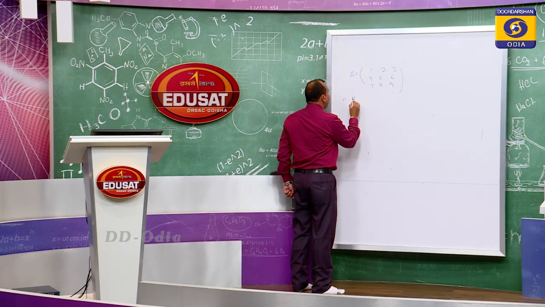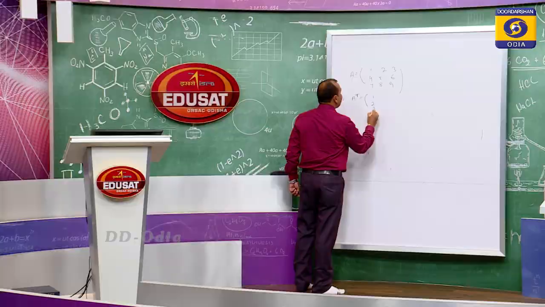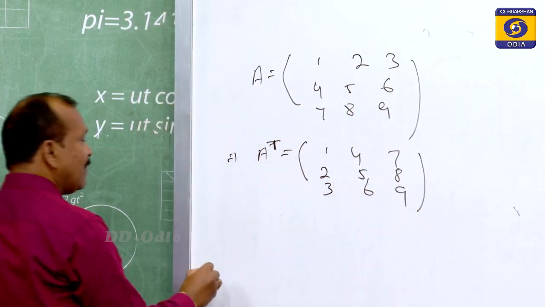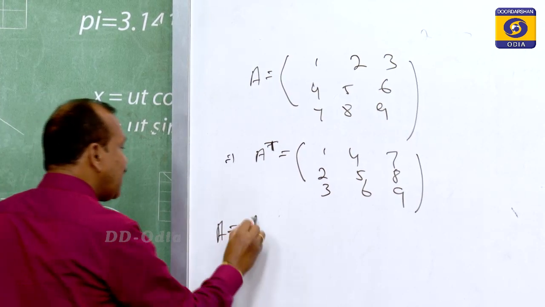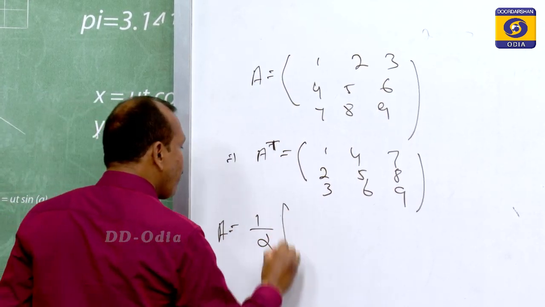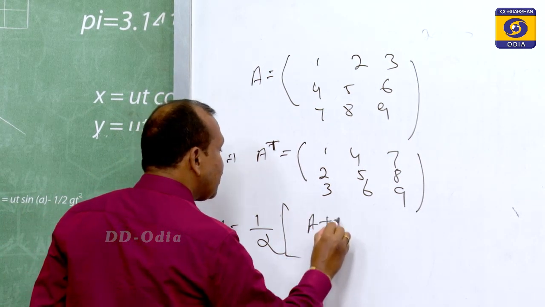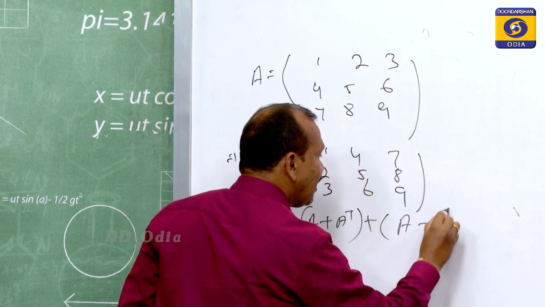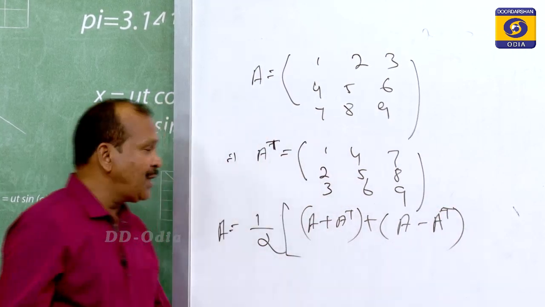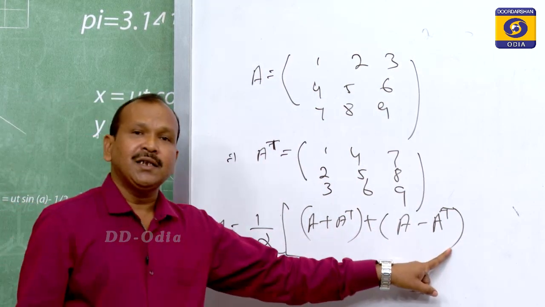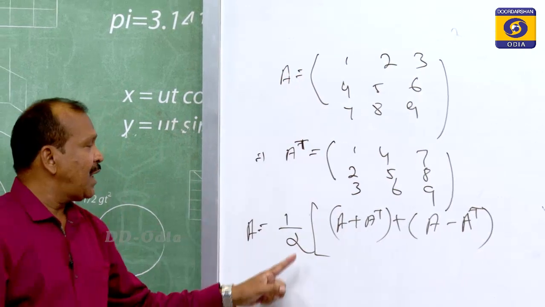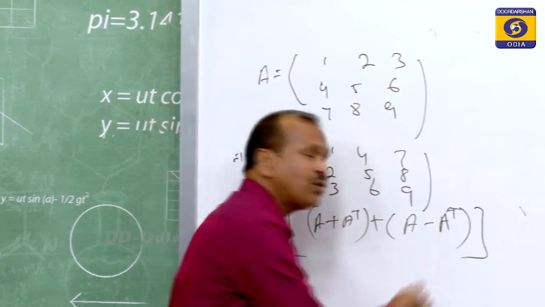This implies that the transpose of A becomes 1, 4, 7, 2, 5, 8, 3, 6, 9. Matrix A can be written as half times of (A plus A transpose) plus half times of (A minus A transpose). This is a symmetric matrix and this is a skew symmetric matrix. Every matrix is expressed as a sum of symmetric and skew symmetric matrices.